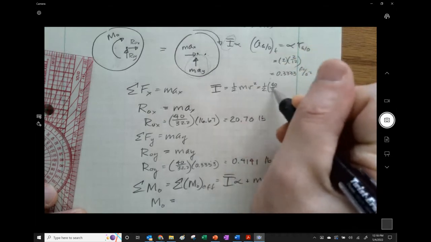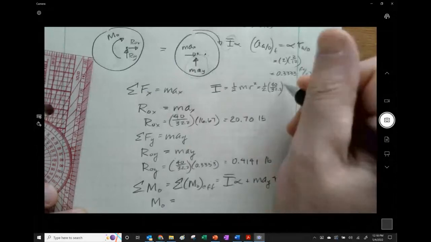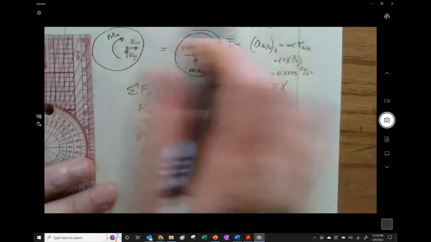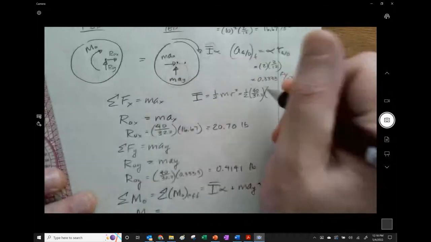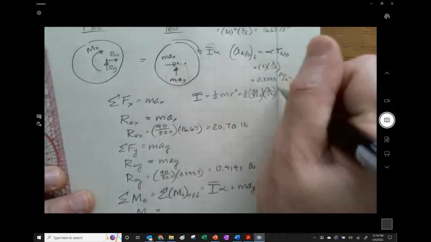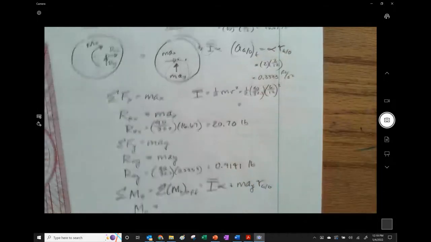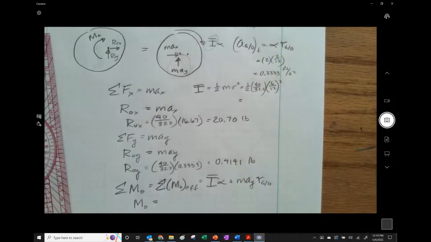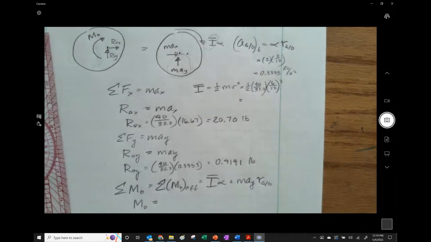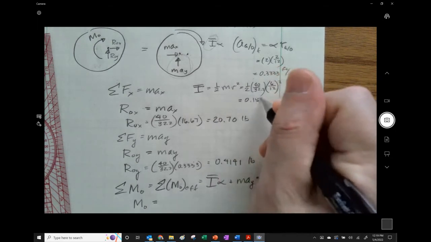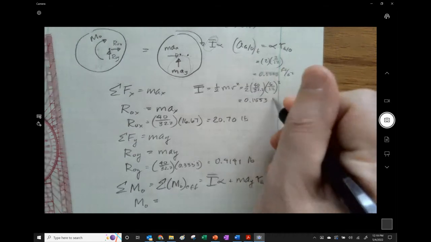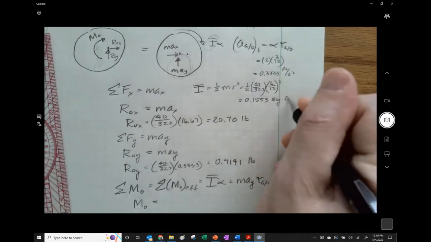So that's 40 over 32.2, and the radius is 6 inches, so that'd be 6 over 12 squared. 40 over 32.2, times 1/2, times 0.5 squared, which you should be able to do by hand. And we get 0.1553, and these are slug-feet squared.